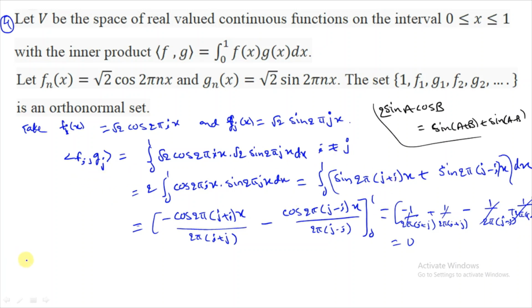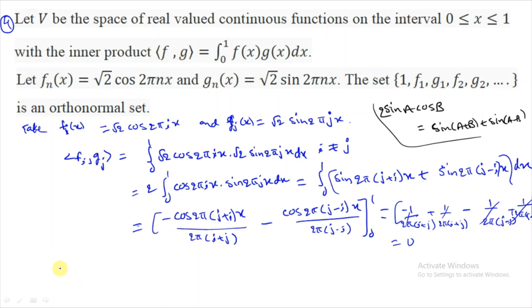Now you can check it. For two different vectors, the inner product is 0.